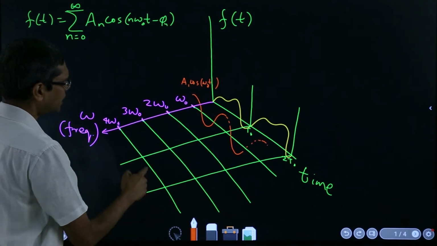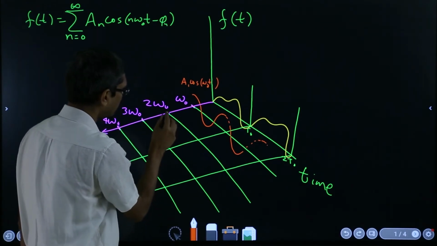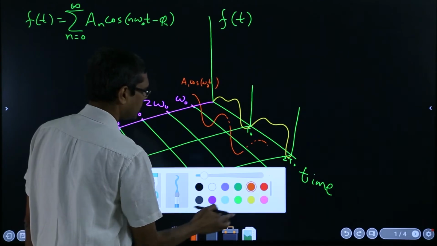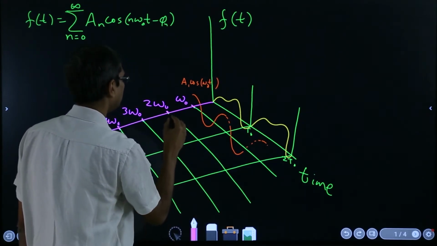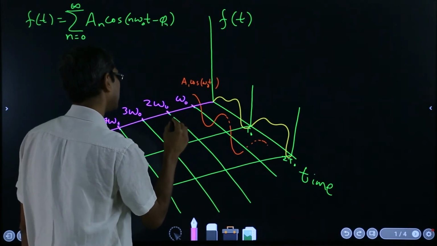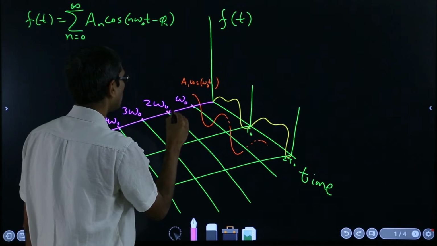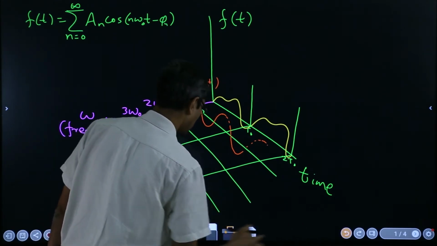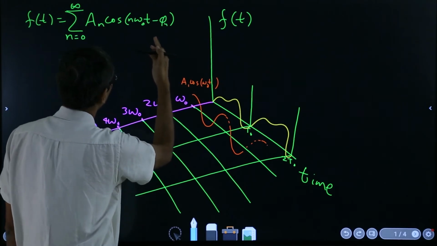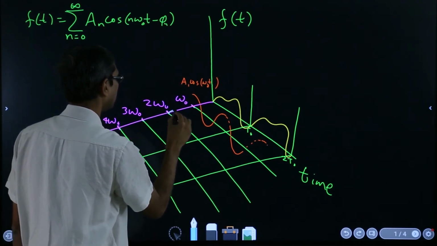And now suppose I try to draw the second one. I will draw it here corresponding to 2 omega naught, and let us say its amplitude is slightly less than a1, and it is shifted by say 90 degrees or something, and it becomes a sine.